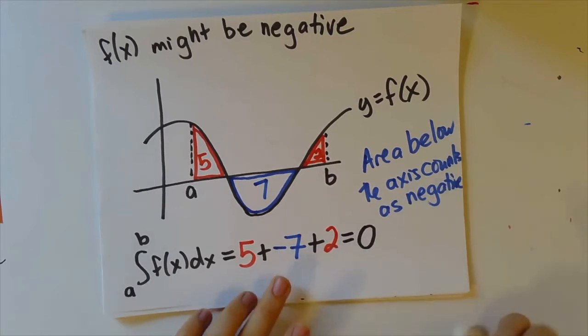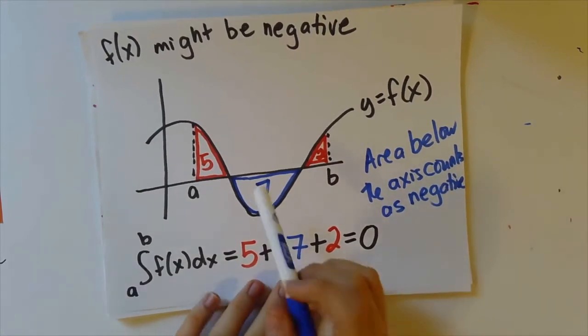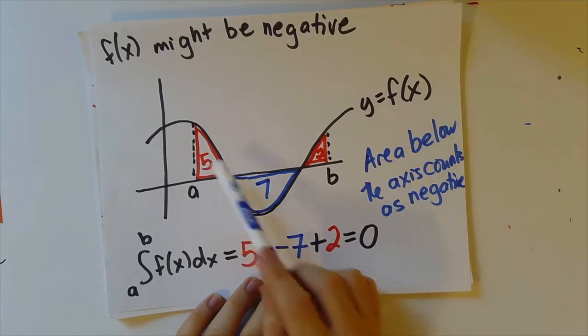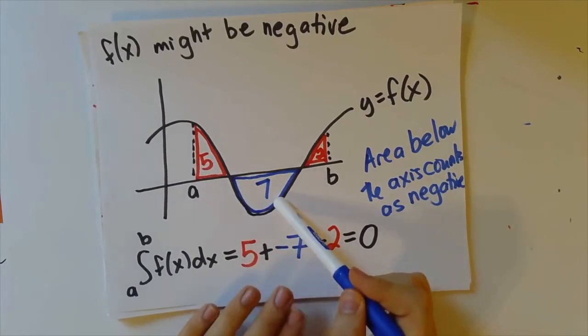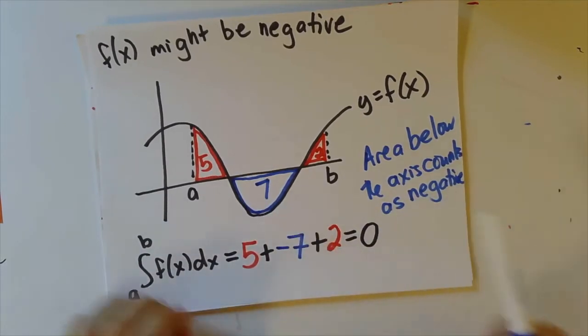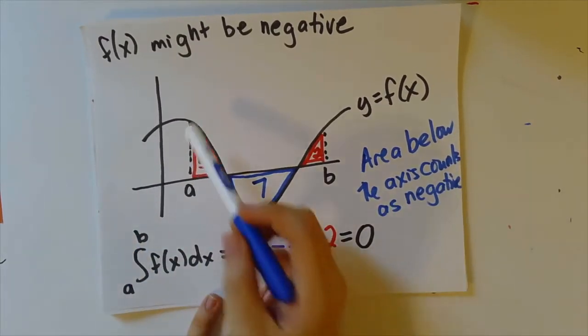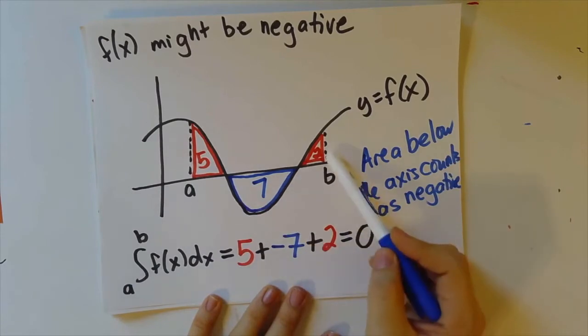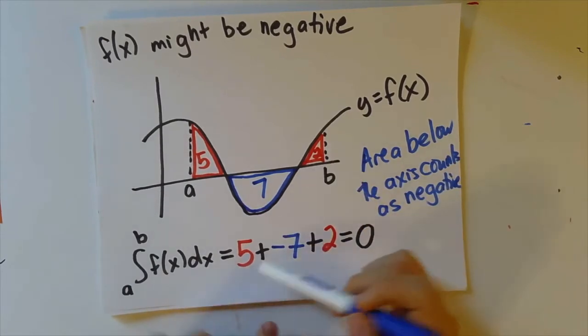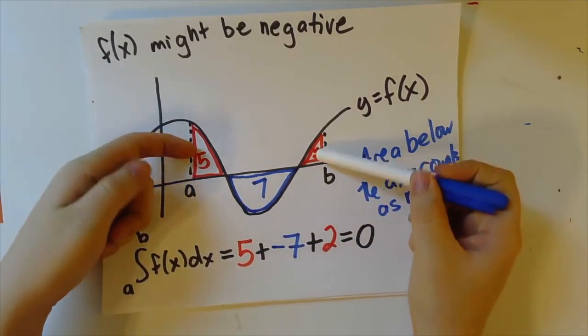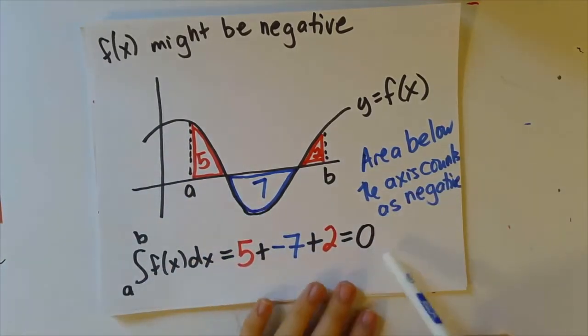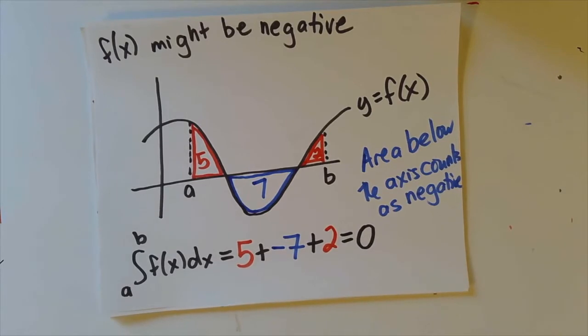The effect is that areas above the axis and areas below the axis can cancel each other out. In this instance, I rigged it so you end up getting 0, because there's exactly as much area above the axis as below it.